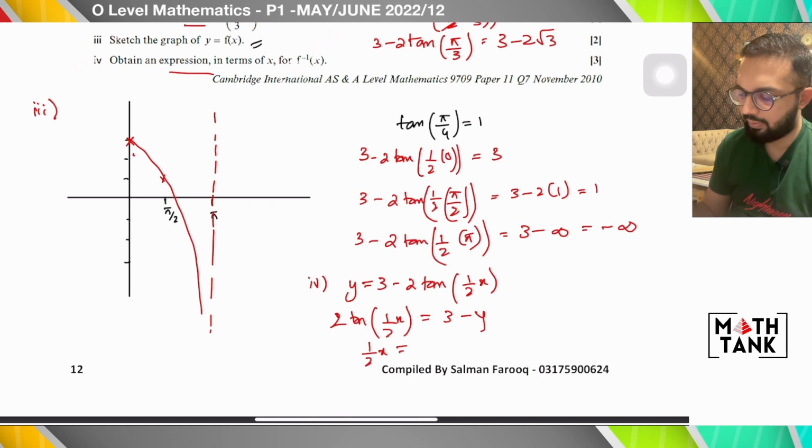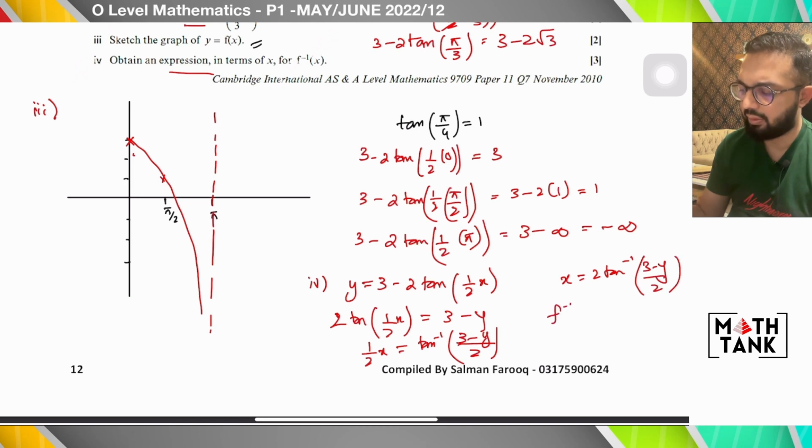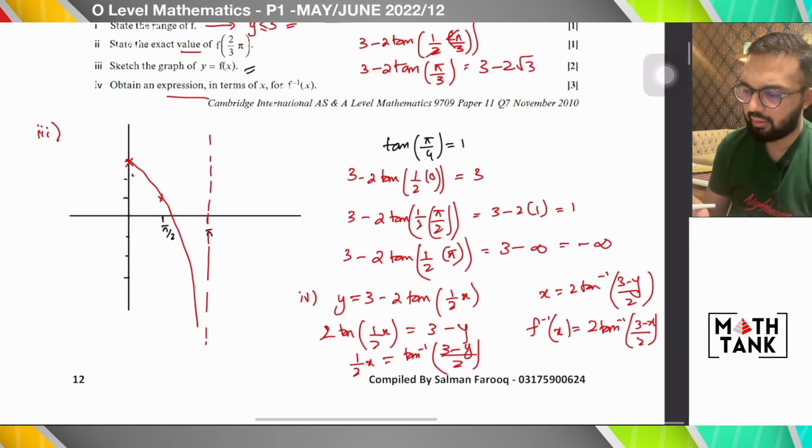Half x equals tan inverse of 3 minus y over 2. And then this becomes x equals 2 tan inverse of 3 minus y over 2. I think I have my inverse now. It's f inverse of x equals 2 tan inverse of 3 minus x over 2. So that is this type of question.